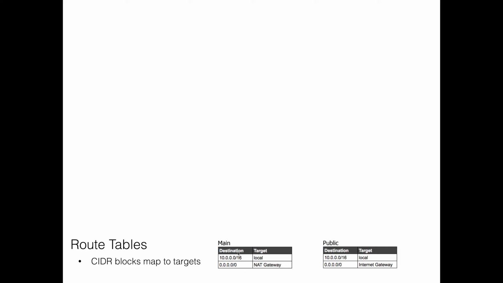So now that you know about CIDR notation, we can talk about route tables, the thing at the very bottom of that diagram. So here's our main route table. It has 2 routes. We have 10.0.0.0/16. This is our largest CIDR block, and this maps to our local VPC.